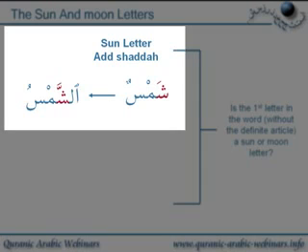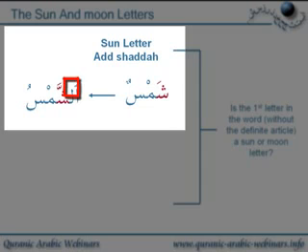Okay, and this is important because we need to know how we read them. And effectively, the letter with the shadda will always be joined to a previous sound. So if we were to read the definite article as al normally, what will happen here, and you'll notice in your script that when the shadda is added to the sun letter, they will not put a sukoon on top of the lam of the definite article.